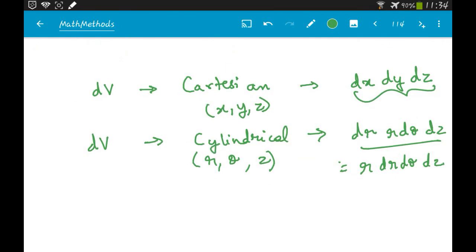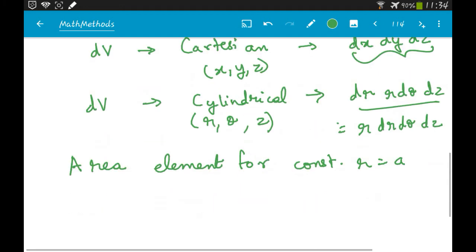If you want the area element, let's say for constant r equal to a, essentially you want to get the change in area. Change in area means, of course, one coordinate has to be constant.